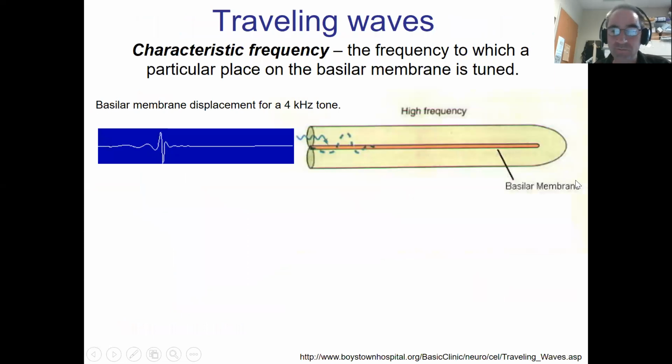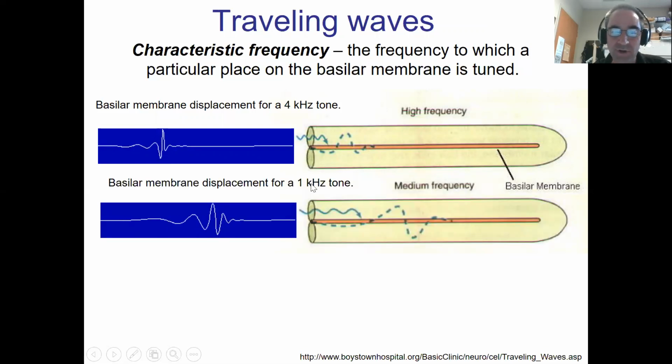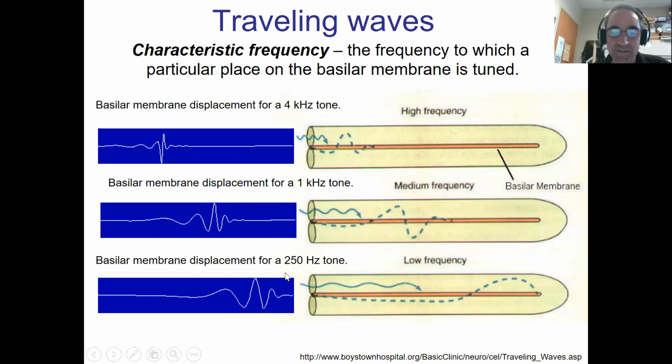Okay, so here's just quickly, and we'll see these figures again when we really dig into the mechanics of this, in this computer simulation, just imagining what the basilar membrane is doing, if we play a high frequency tone, so this is a tone that's vibrating at 4,000 times a second, or here's one vibrating more slowly, 1,000 times a second, then this patch of vibration would be more towards the apex, and then a lower frequency tone, 250, would be even further up towards the apex.